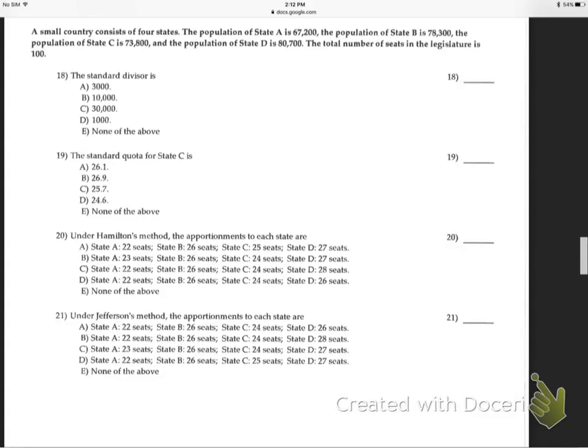Okay, so I'm just going to write them down here if I can. So we have the states.